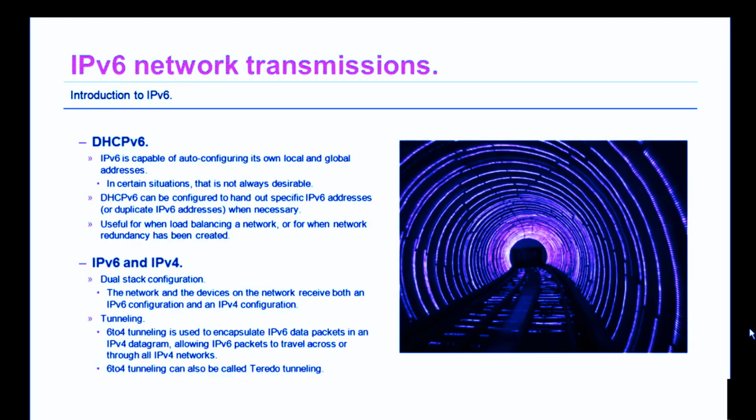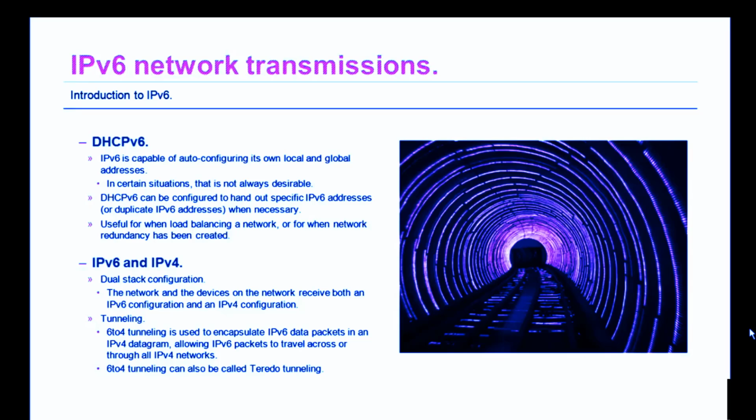Earlier I said we really don't need to worry about DHCP anymore, but that's only partially true. While IPv6 is capable of auto-configuring its own local and global addresses, in certain situations that's not always desirable. DHCPv6, version 6, can be configured to hand out specific IPv6 addresses or duplicate IPv6 addresses when necessary.